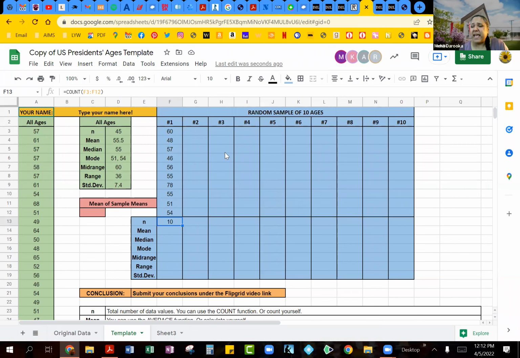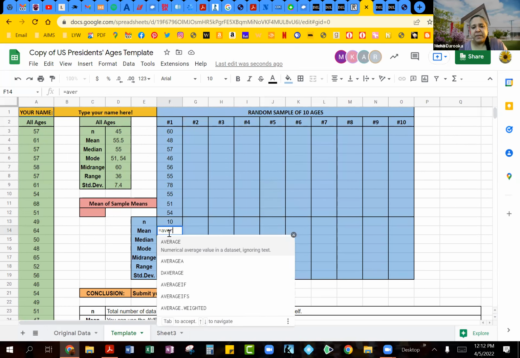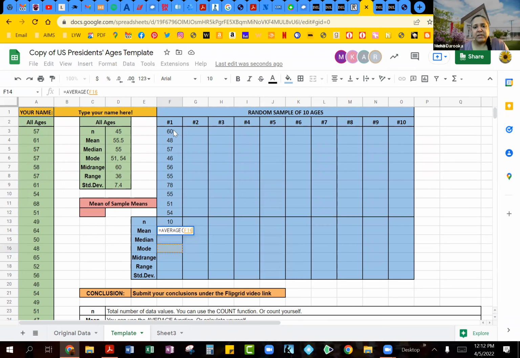So I think they had only 8 or 9 data values instead of 10. This way, when you count your numbers, you will be sure that you have a total of 10 data values here. And then, of course, use your built-in functions to calculate your averages, your dispersion.